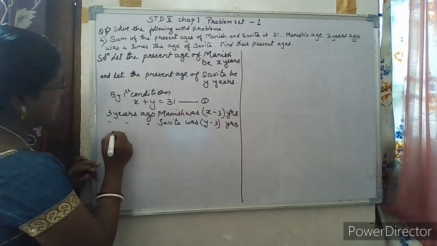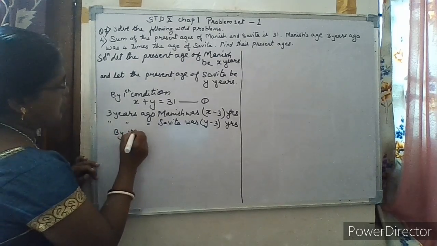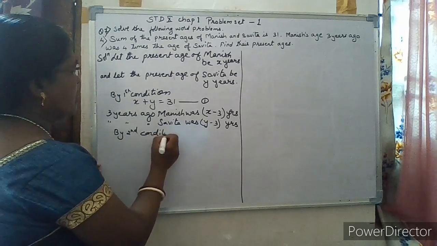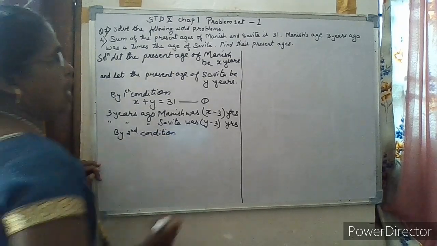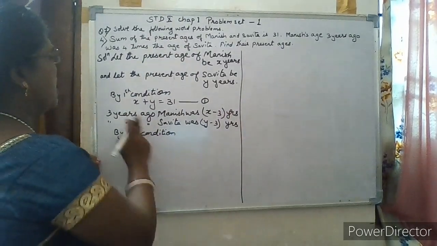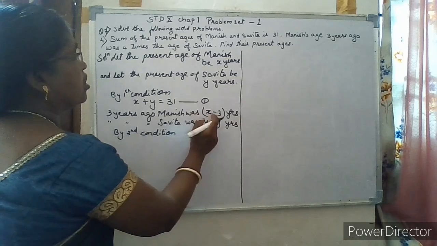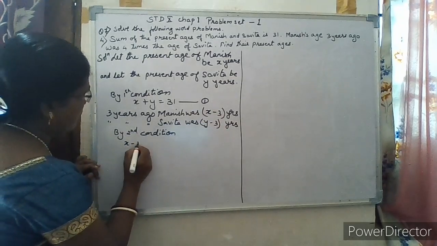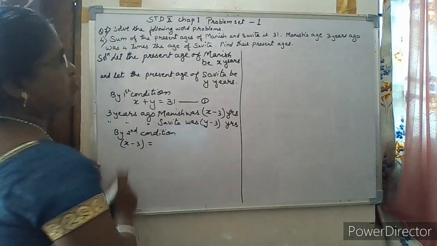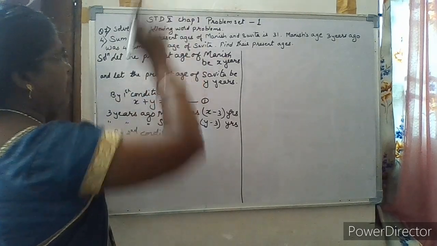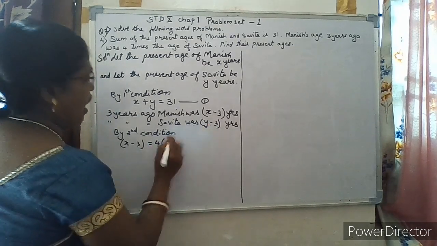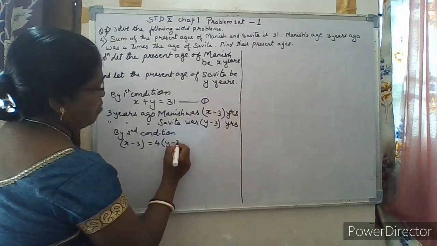Now we go to the second condition. It is given that Manish's age 3 years ago, which is x minus 3, is equal to 4 times the age of Savita at that time, which was y minus 3.